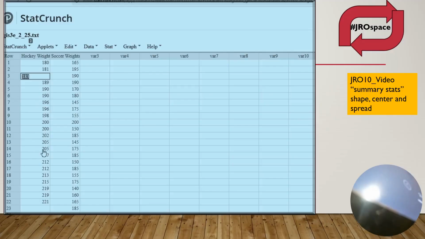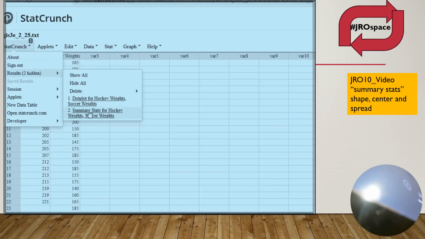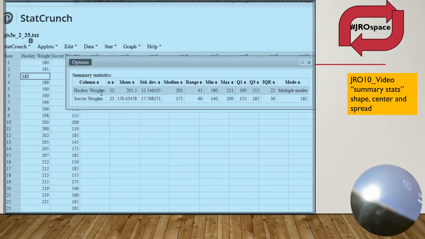But anyway, you see it's got multiple modes. Once again, if I want to recover my summary stats, here we have it. Alright, so we have these numbers, and we can see the difference between the mean and the median, right? We can see these things. We can see where the Q1s and everything.